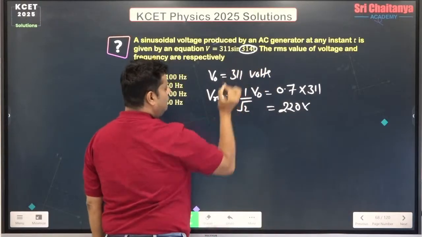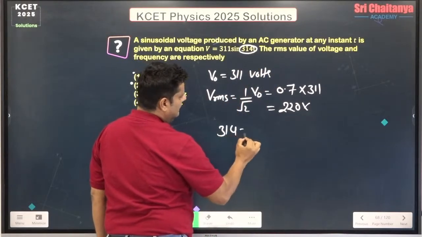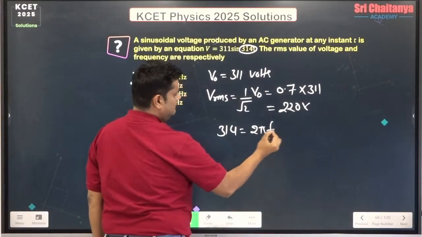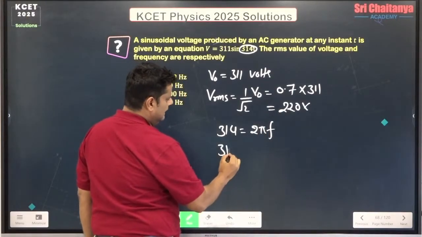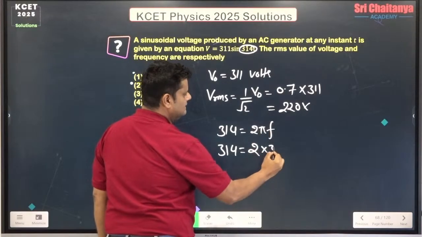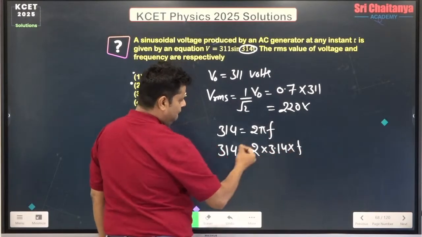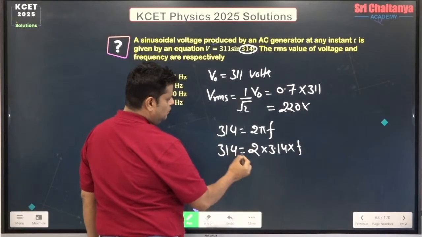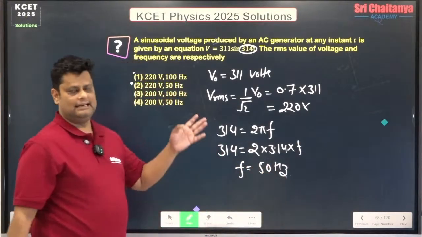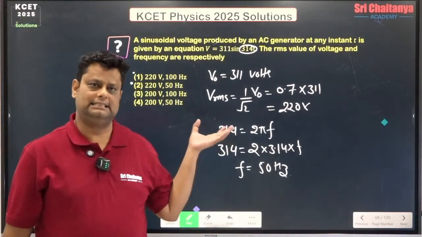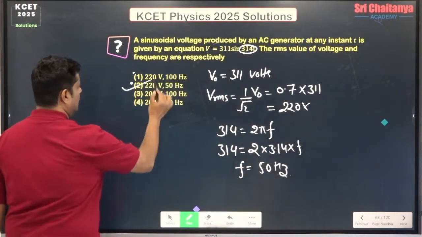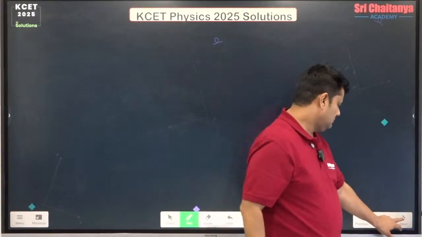And this 314 is 2 pi f, so 314 equals 2 into 3.14 into f. If you solve this expression, it comes out to be f equals 50 hertz. This is the well-known supply that we have in domestic appliances, 220 volt and 50 hertz. So this will be the correct answer.